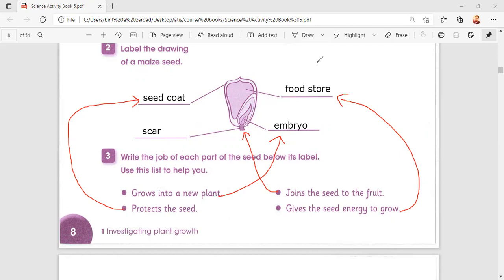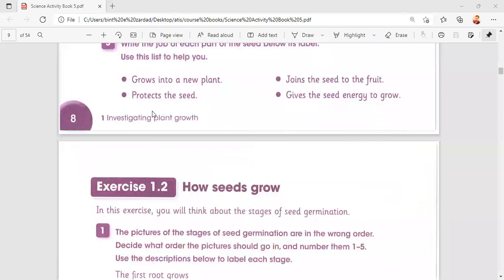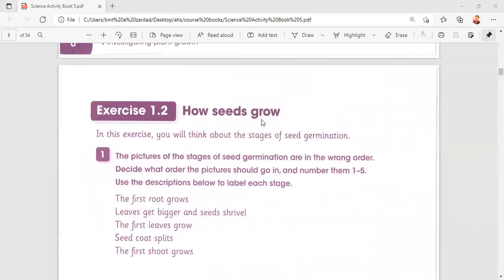Let's move to lesson 2. Lesson 1.2, how seeds grow. In this exercise, you will think about the stages of seed germination. So let's start.